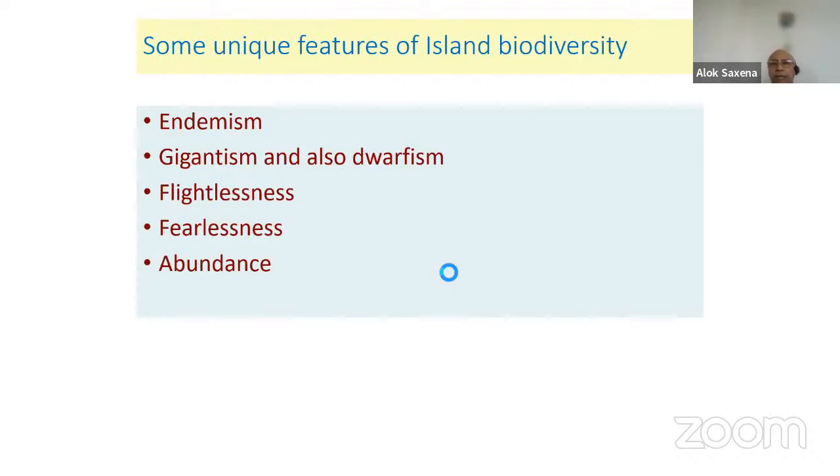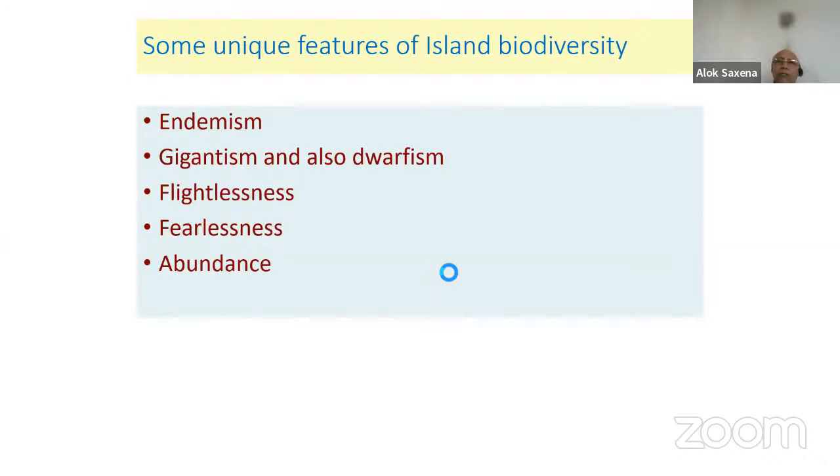There was no predator, so these birds were not feeling danger from any other species, because on most of the islands carnivores were not there. Even if any carnivore was there, it was introduced. In the Andaman and Nicobar Islands also there is no carnivore except the marine crocodile. Otherwise there is no carnivore there.